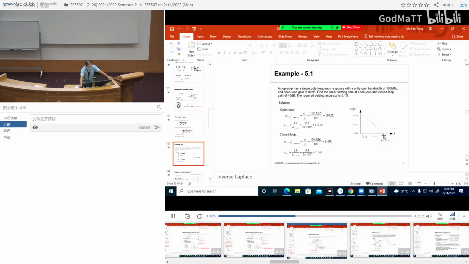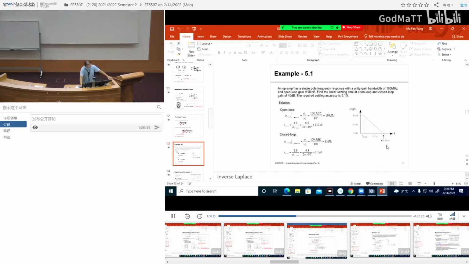And there's a DC open loop gain of 80 dB. Once I give you the unity gain bandwidth and the DC gain of 80 dB, you already have everything you need to define the single pole amplifier gain magnitude function.